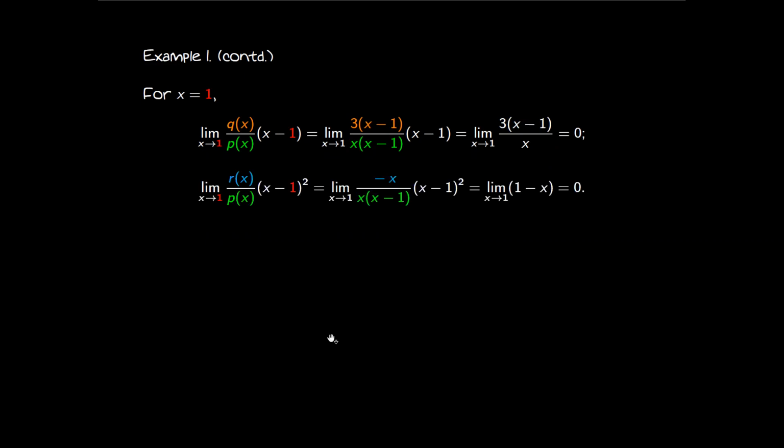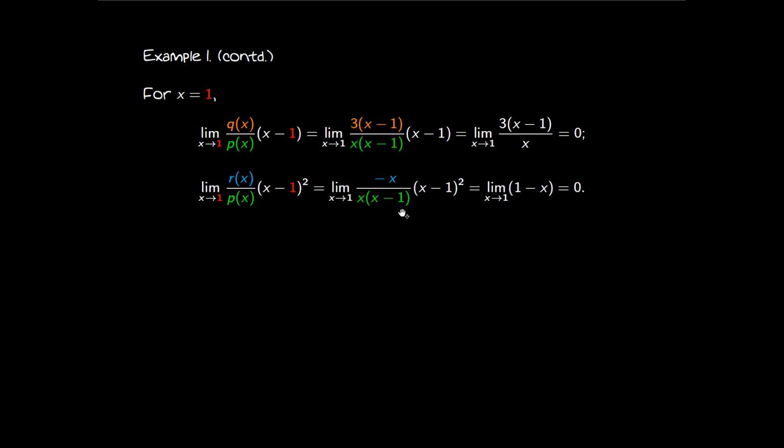For the second limit, you're going to check here, it's x minus 1 squared. Then you plug all the coefficient functions in and do the corresponding cancellations. And here, you can see when we change x minus 1 to 1 minus x, we are taking the negative sign into consideration.